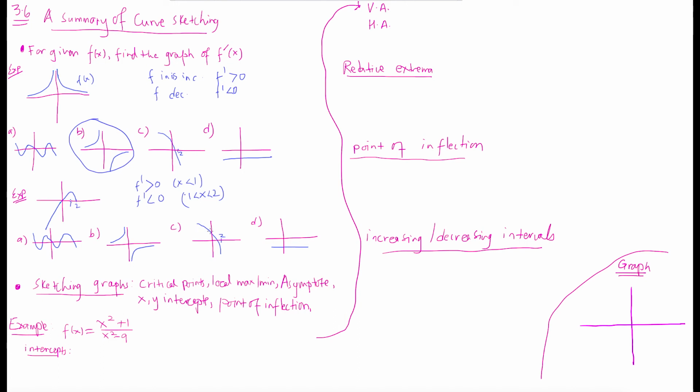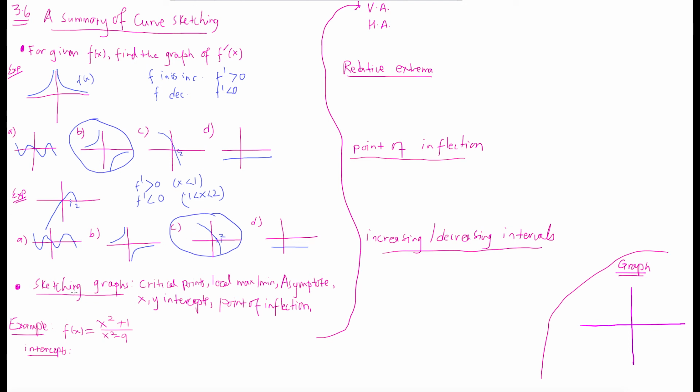The graph is positive left of 1, and the graph is negative between 1 and 2. So this is the right graph. The fourth is not the right graph because it is negative everywhere, meaning the function must be decreasing everywhere. Okay.